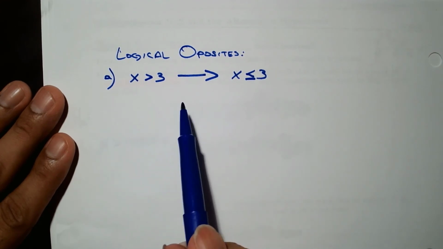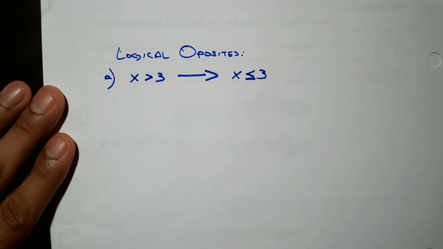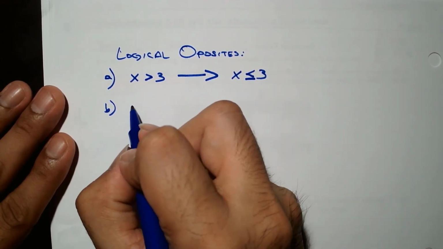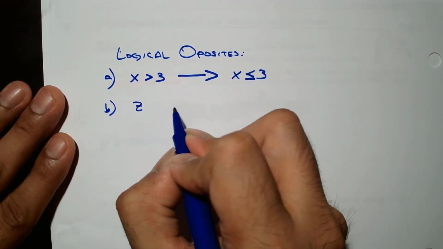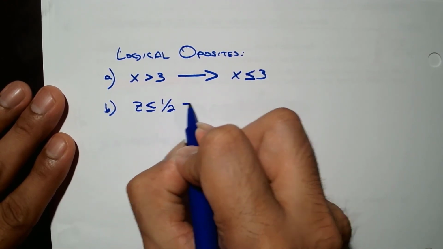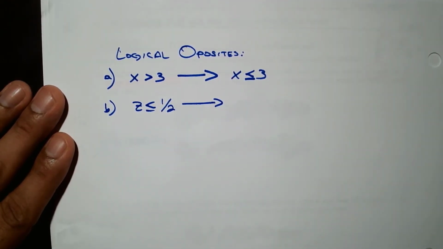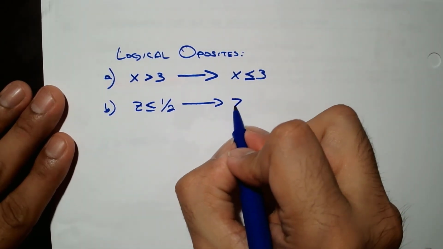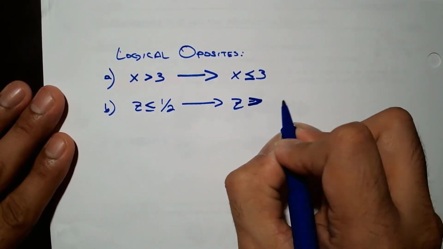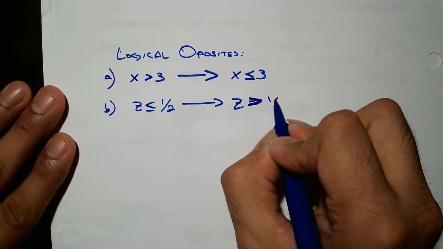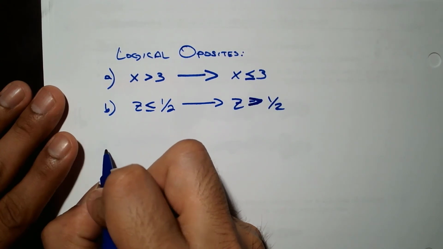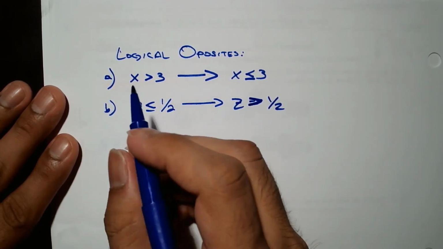We are going to call it the logical opposite. As another example, z less than or equal to 1/2. What is the logical opposite? Well, that's going to be z greater than 1/2. And last but not least, let me make up something else.